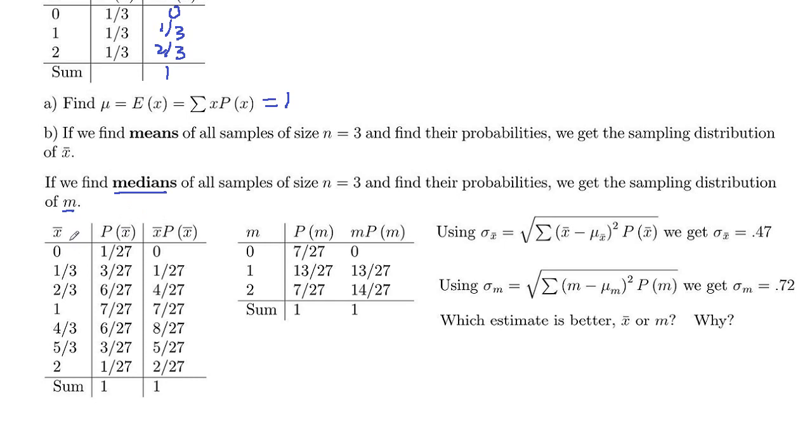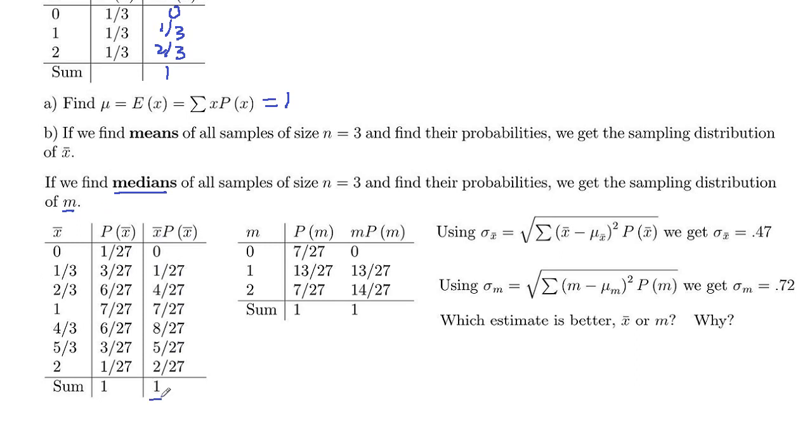Now, if we do that in this case, these are the x bar values for the sample mean, and this is the probability of each one of those values. So this is the sampling distribution for sample mean. And then if you multiply x bar times probability of x bar, that's this column, you add them up, you get 1.